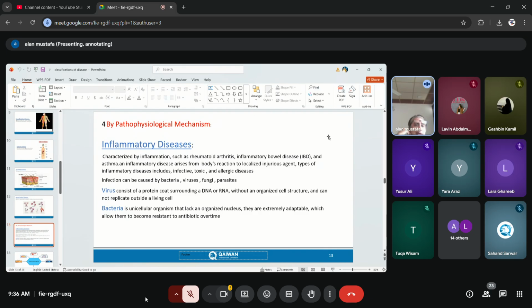Inflammatory bowel disease is very common in young people. Fortunately it's very rare here, but it's very common in Europe. Inflammatory bowel disease and asthma, these are inflammatory diseases.